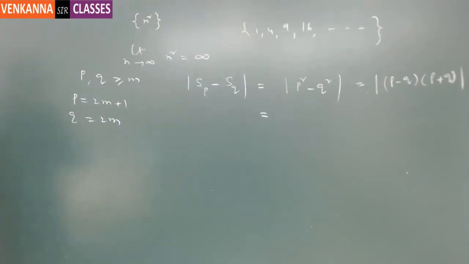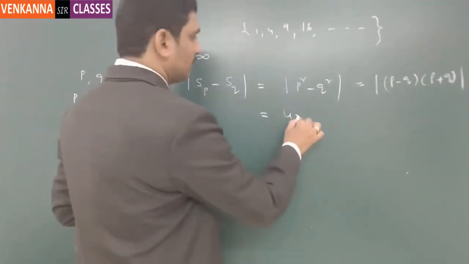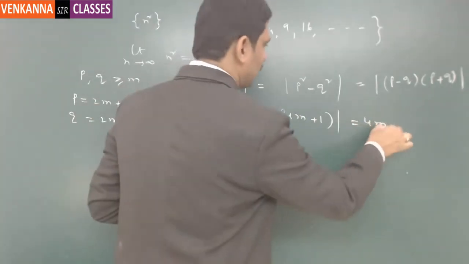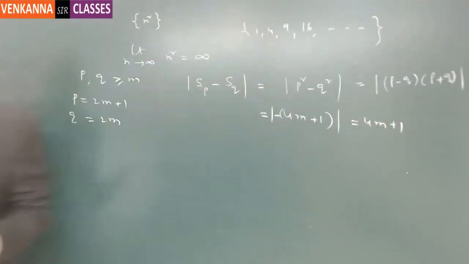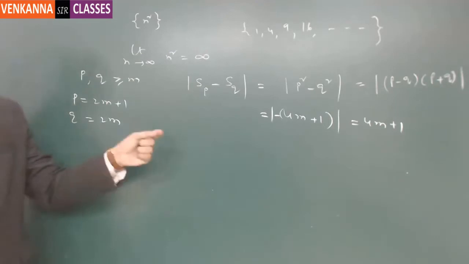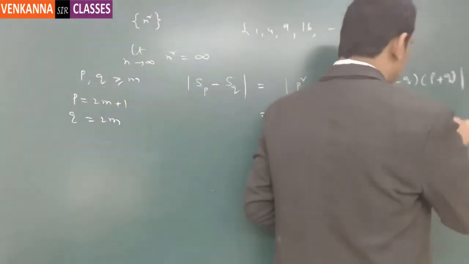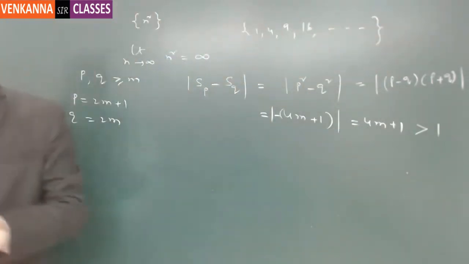Can you compute the value? 4m plus 1, right? Actually, it is minus of 4m plus 1, in the modulus, so you are getting it as 4m plus 1. Am I correct? Right. Here I am saying that it is always greater than 1, yes or no?